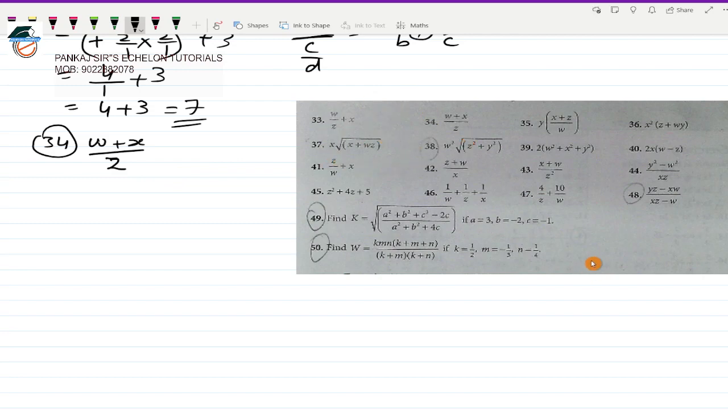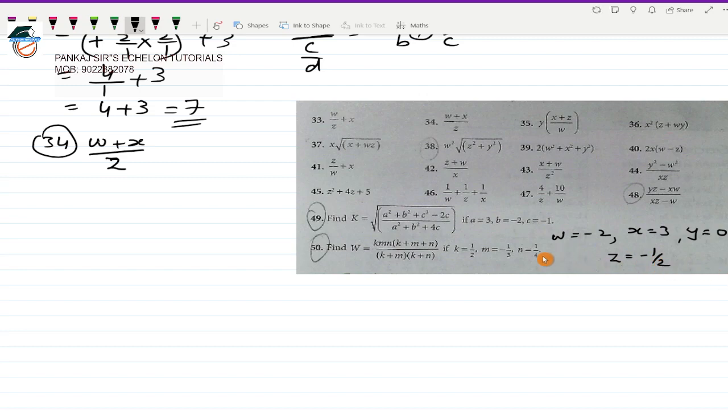I'll write these values over here for you. w you have to take -2, x you have to take 3, y you have to take 0, and z you have to take -1/2.